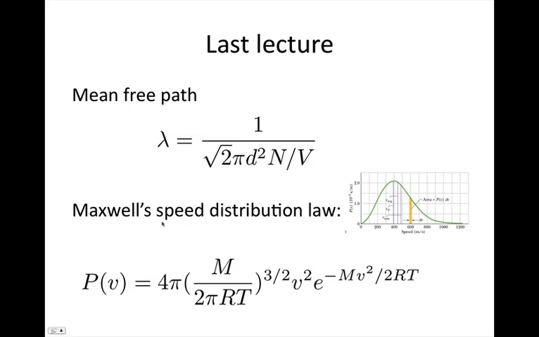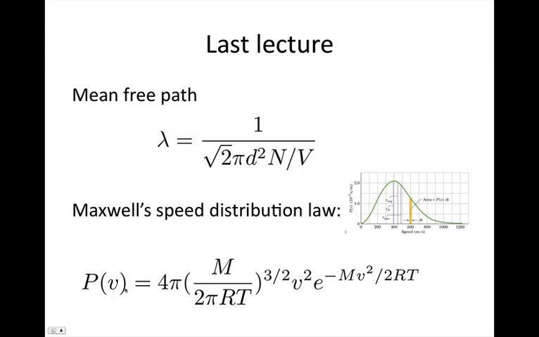After that, we had a look at Maxwell's speed distribution law. This gives a nice curve like this, showing the different velocities of the particles making up the gas. The gas does have an average velocity, but some of the particles have a velocity greater or less than this average velocity.